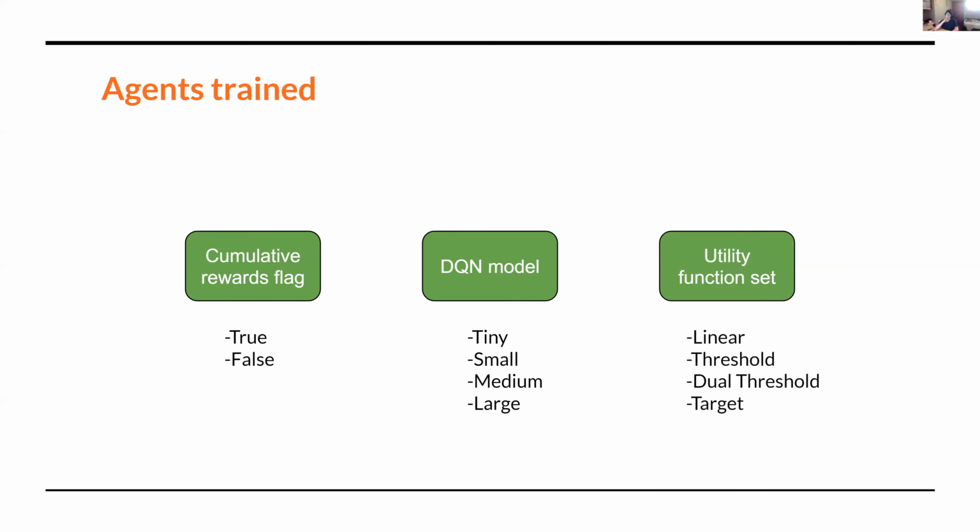So these are the 4 utility function sets I introduced before. We just take the Cartesian product of these, and this means 2 times 4 times 4 different experiments. And for each experiment, we train 6 different agents, just so we can get an average value and a standard error. And then we evaluate them.